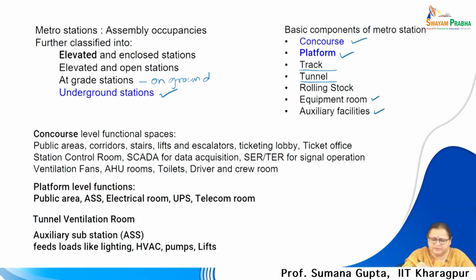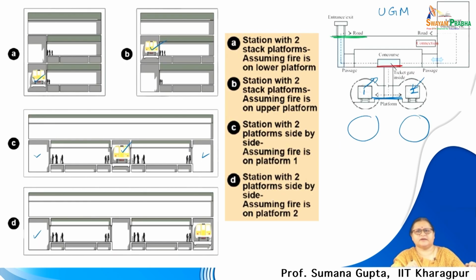Public area, electric room, auxiliary room, UPS system, telecom room. Tunnel ventilation room, we see auxiliary substation, which feeds loads like lighting, HVAC, pumps, lifts. So you see here again we have pumps, lifts, HVAC, all items which are present in a general building, because now we are underground and there you have to have an HVAC system and air change system.